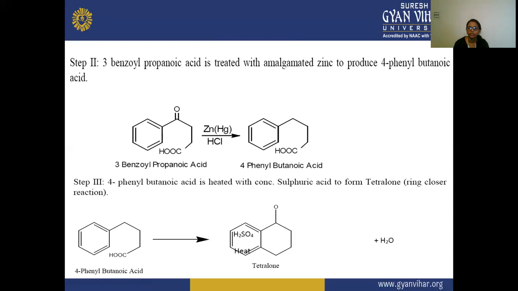In the third step, 4-phenylbutanoic acid is heated with concentrated sulfuric acid, and there is a formation of tetralone plus H2O. Tetralone is a ring closure product.